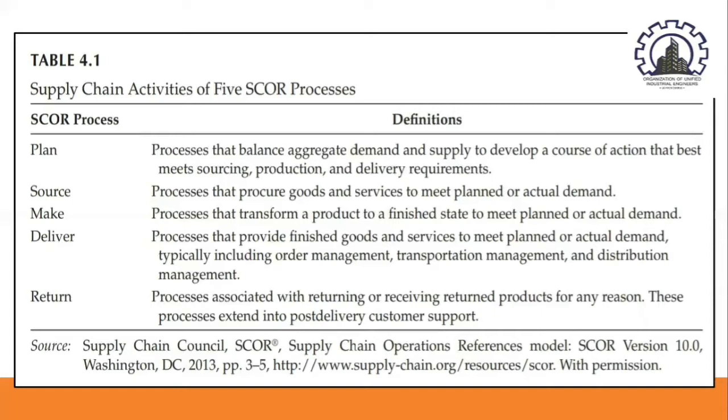And for sourcing, these refer to processes that procure goods and services to meet planned or actual demand. So in sourcing, this is where you source your raw materials. As much as possible, you need to find suppliers who offer cheaper raw materials, but of high quality, of course.